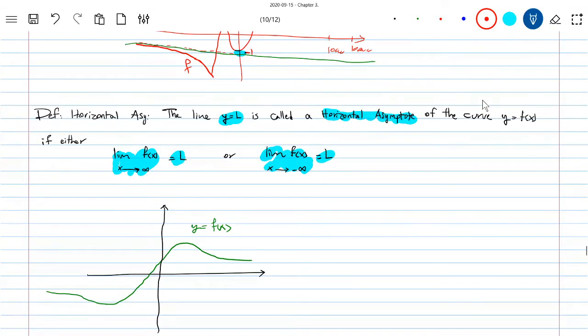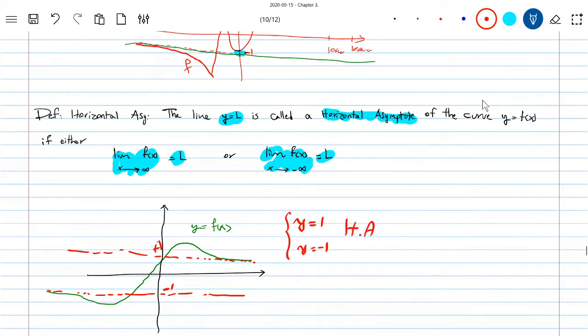I drew a picture already to show the two horizontal asymptotes that I mentioned above. One was at negative 1, the other at positive 1. So you would have two horizontal asymptotes, y equal to 1 and y equal to negative 1. These are the two horizontal asymptotes of the last example.